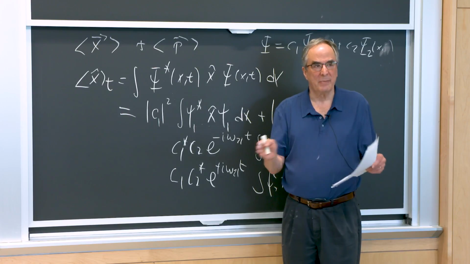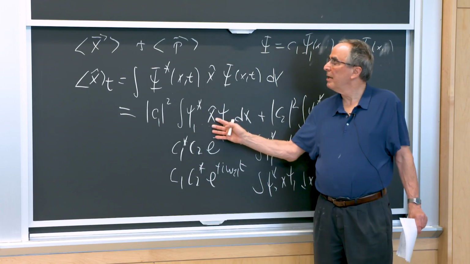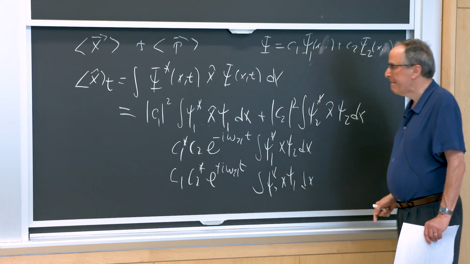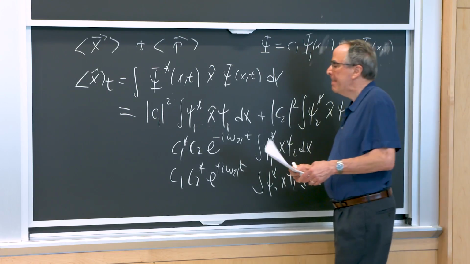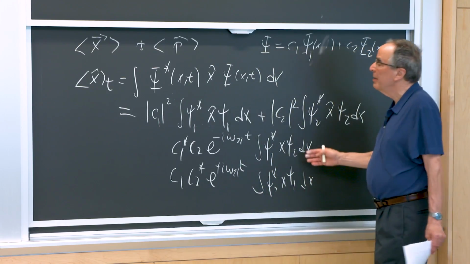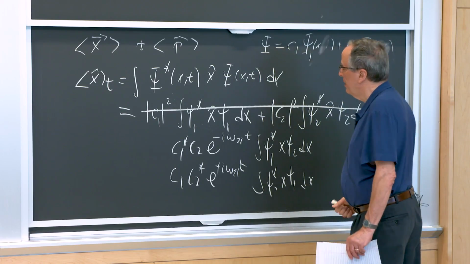If we make the box symmetric, then we can make judgments and say, oh yeah, this integral is also 0 for the particle in the box. The argument is a little bit more complicated than what I just did. Okay, so these two terms are 0.